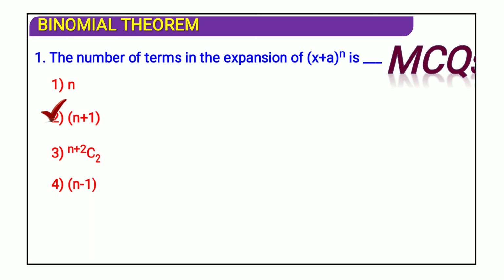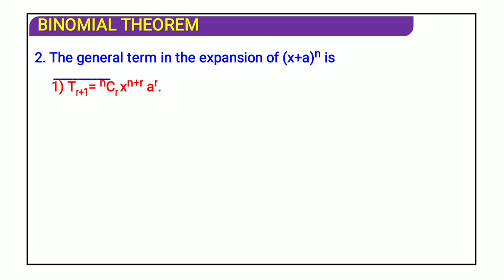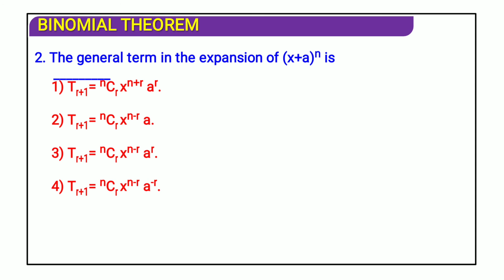Moving to the second question. The general term of the expansion x plus a to the power n is what? T r plus 1 is equal to ncr x to the power n plus r a to the power r, or T r plus 1 equal to ncr x to the power n minus r a to the power r.